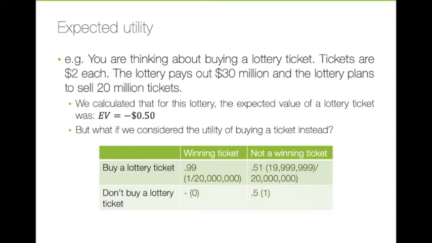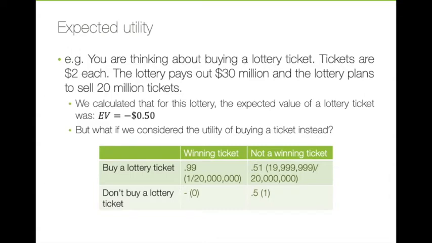The lottery pays out $30 million if you win, but the lottery plans to sell 20 million tickets. And a reminder that when we calculated the expected value before, we got negative 50 cents. So a 50-cent loss.